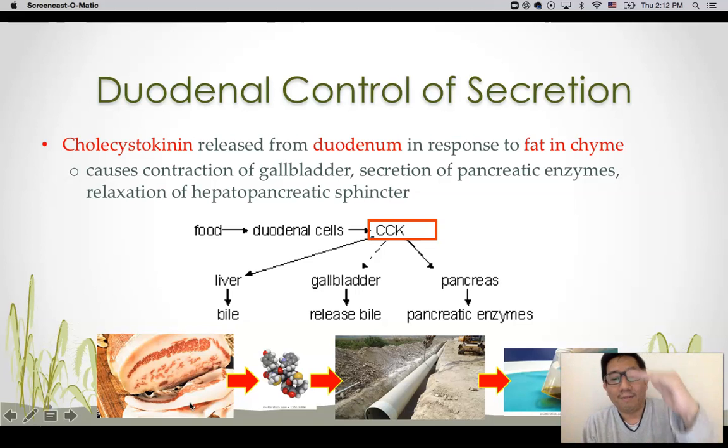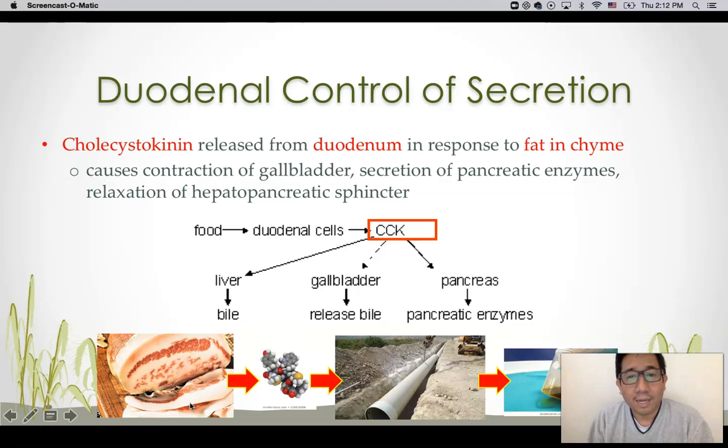Your stool will become floaty, a little flotation device in your toilet. Without bile, you have a lot of fat that you cannot absorb into your body, and it just comes out.